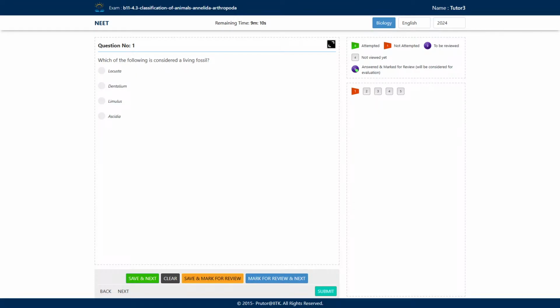So here is the first question. Which of the following is considered as a living fossil?